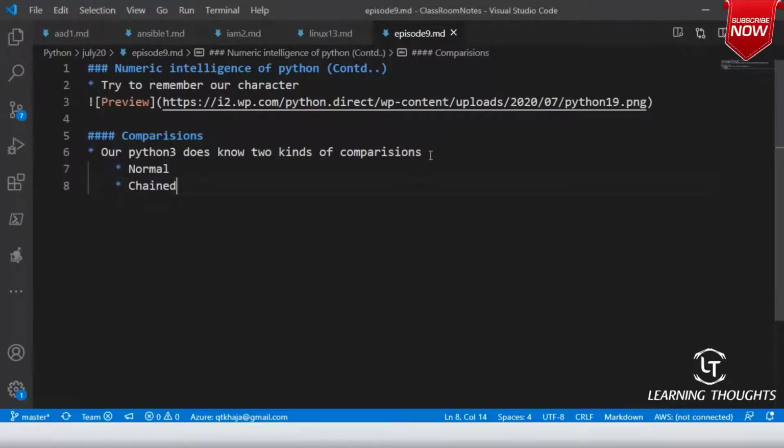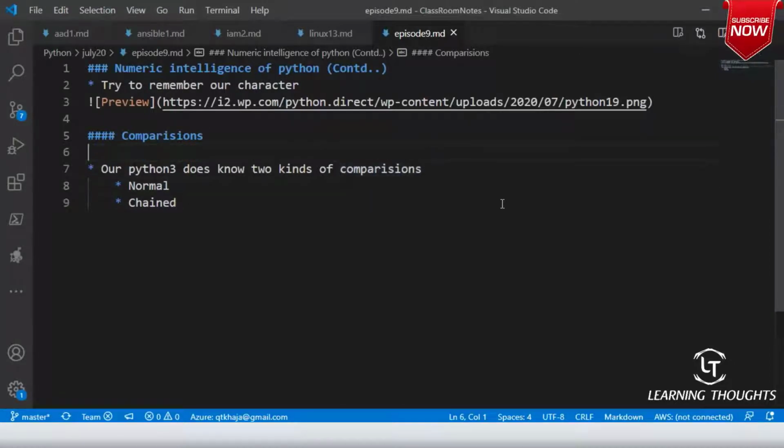Okay. So for comparisons, Python 3 has the following operators, right? So we have less than, greater than, right? So let me try to write them.